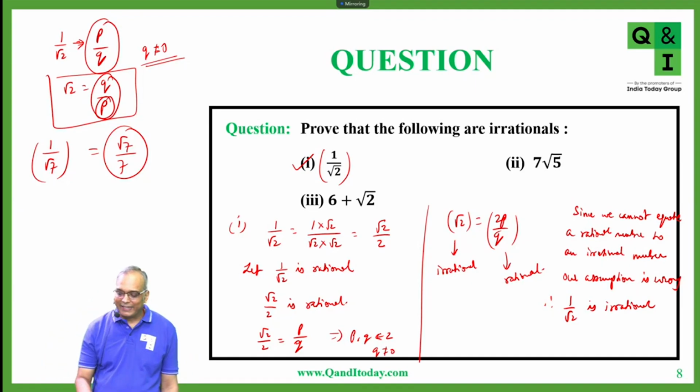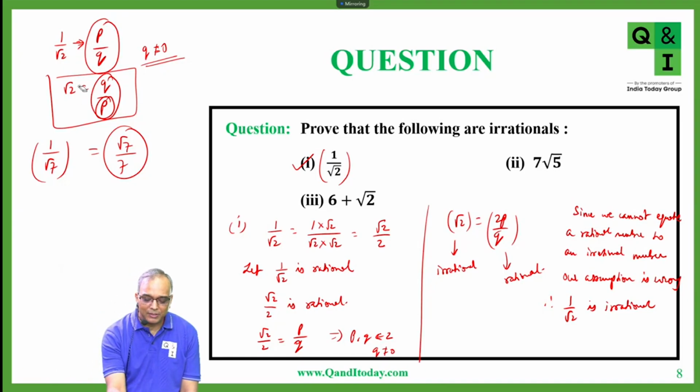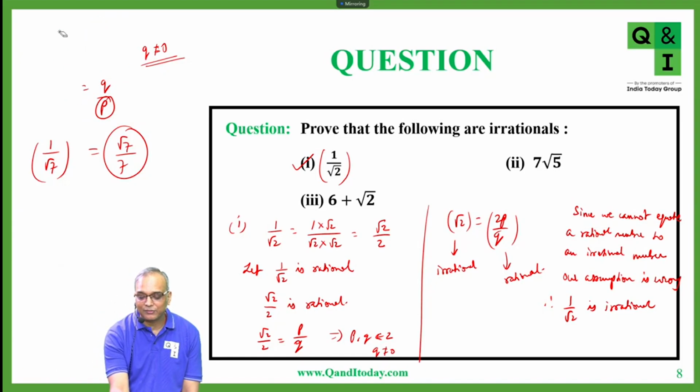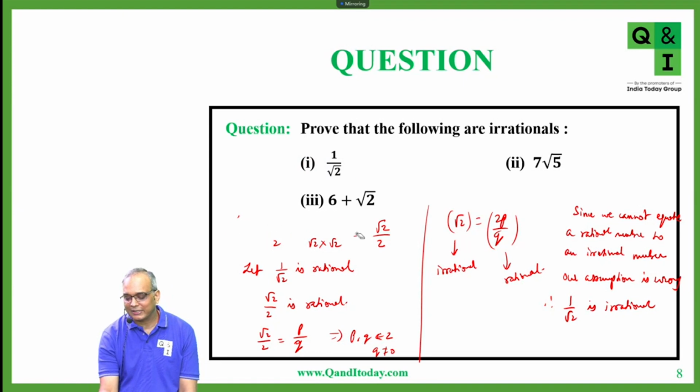Shall we do the second one, students? Second one is simple. You don't have to do all of this because we have 7 root 5. So what we do, we separate out the square root term and then take other terms on the other side of the equation, and then we prove it.